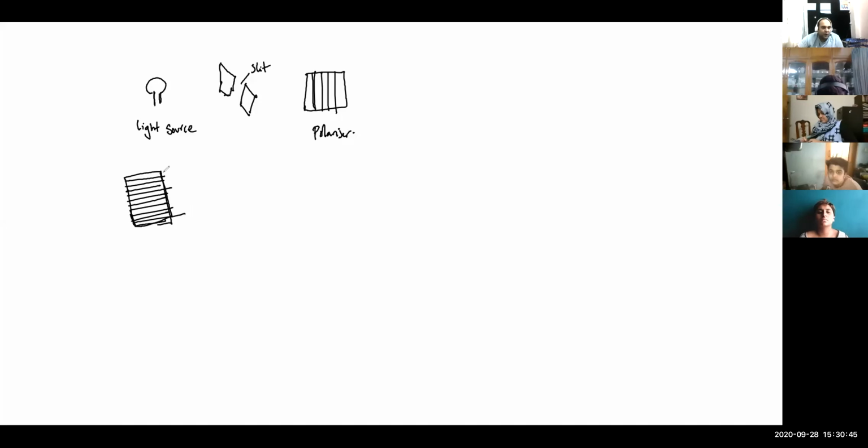So what happens if you do this? So when the light is passing, as they pass through the polarizer, all the wavelengths will be cancelled out or will be prevented from moving except one wavelength.